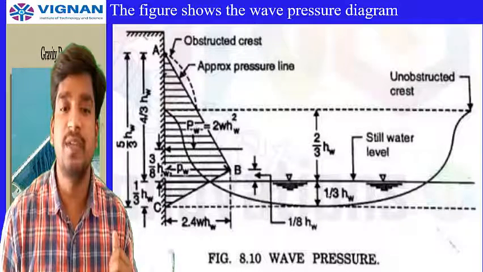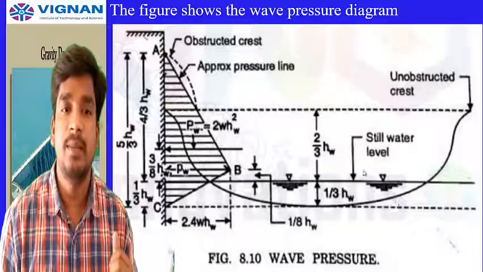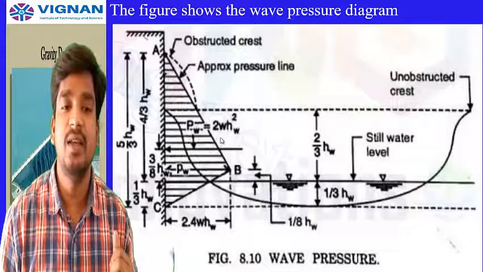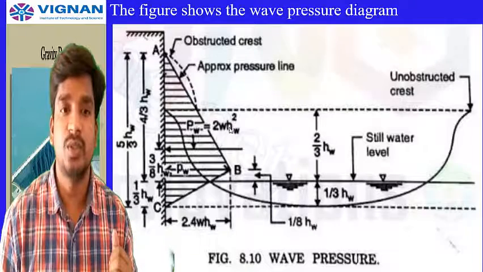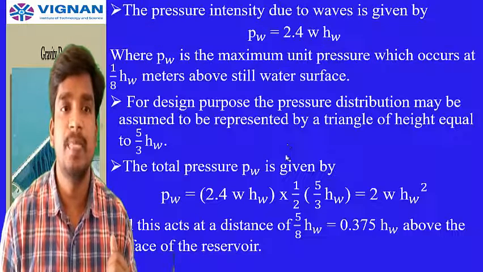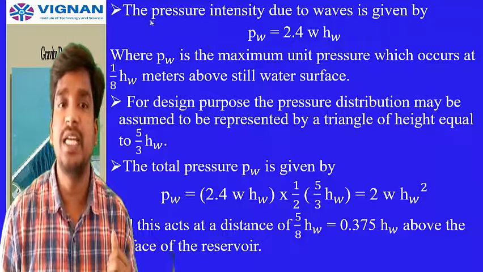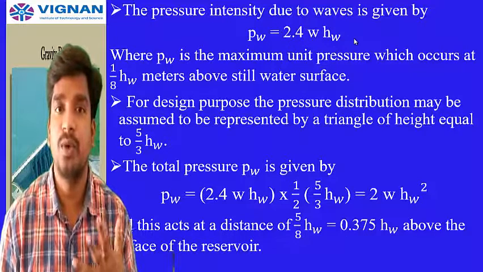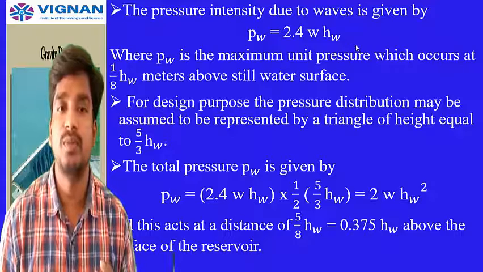Okay, so this is the wave pressure diagram. Please remember this. This is the approximate pressure line diagram, representing a triangle here. The maximum intensity is Pw here. Pw is computed as 2 w into Hw square. The pressure intensity due to waves is given as Pw equal to 2.4 into w into Hw.